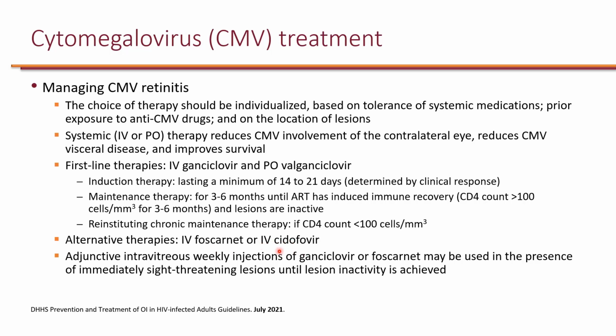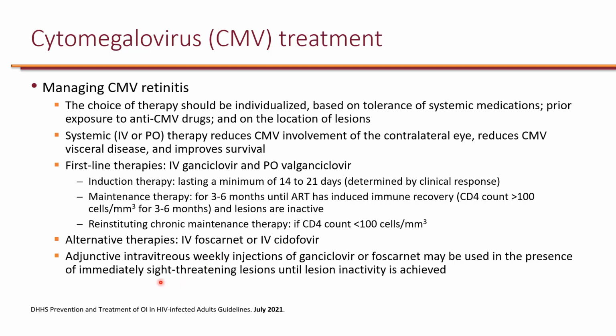It's very rare to use IV cidofovir because of the complications of dosing and managing nephrotoxicity. For patients where the toxicity of ganciclovir or valganciclovir, myelosuppression, is a concern, and if those patients do not have renal insufficiency, or if somebody has ganciclovir resistant CMV, for those patients, IV foscarnet may be used.